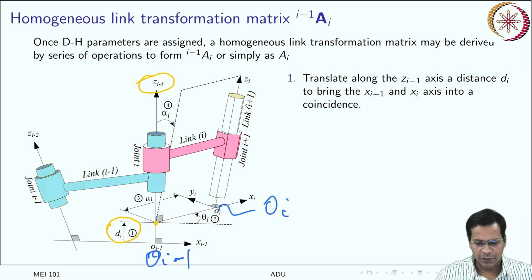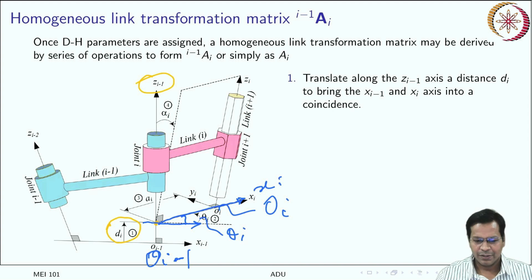Now the second transformation. What we did this time is we have already reached here. Now we are still aligned along this. So now we have rotated by an angle theta i and we came to a new direction that is given by xi.